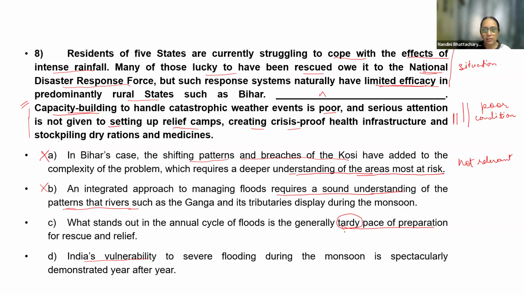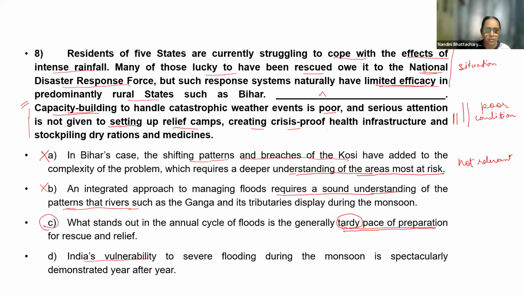So is tardy pace of preparation a result of the poor situation? If we were prepared, we would have set up relief camps, created crisis-proof health infrastructure, and stockpiled rations and medicines. So this could be an answer.